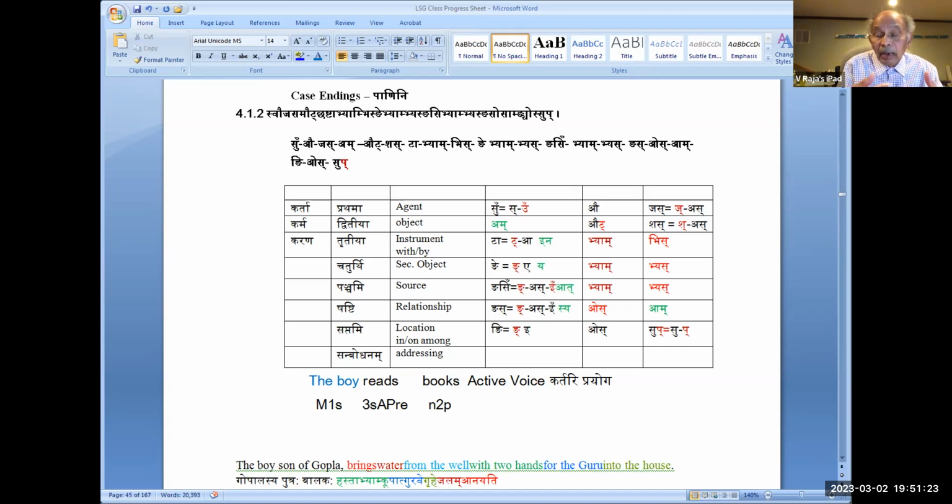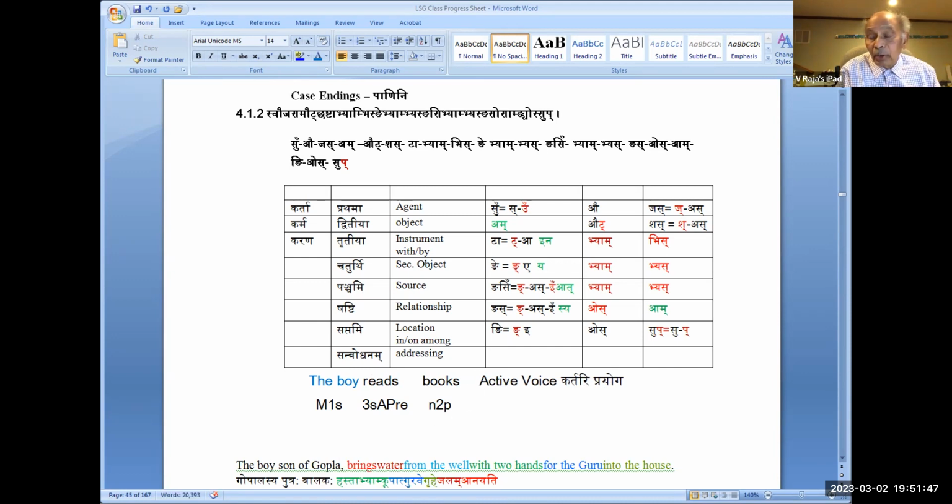The karma comes in dvitiya vibhakti. So that's how people were using it, so he puts that in. Now, when you make it into passive, the active voice means the subject comes in pradhama vibhakti. And prayoga means voice.